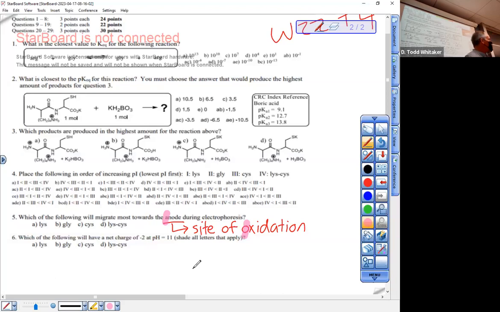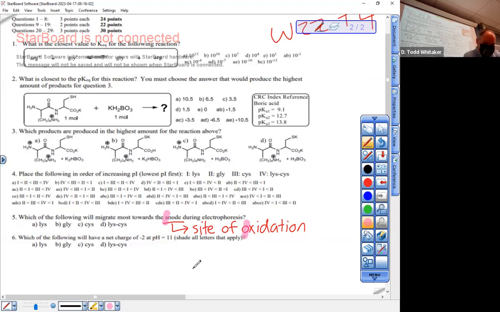Okay, this is the site of oxidation in this question. What's happening during oxidation? You're losing electrons. What charge does your electrode have to be if it's going to rip electrons off of things? The electrode is attracting this charge. You're ripping electrons off of something. What charge is an electron? Negative.